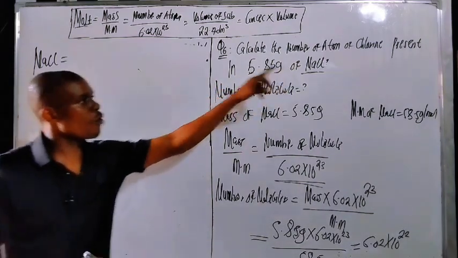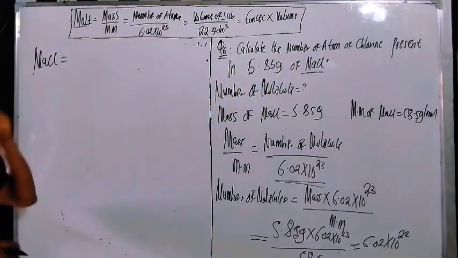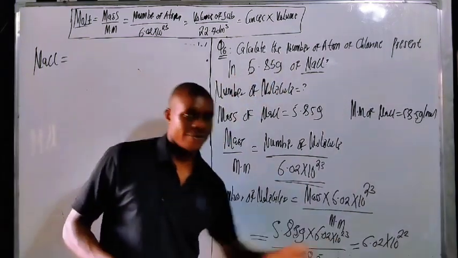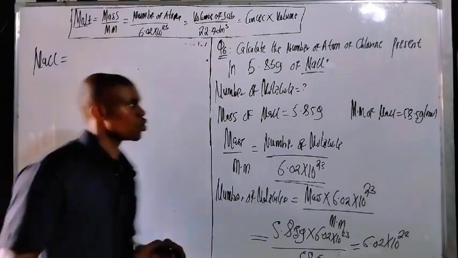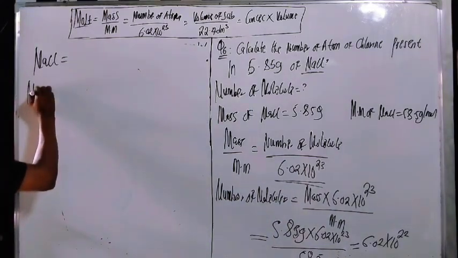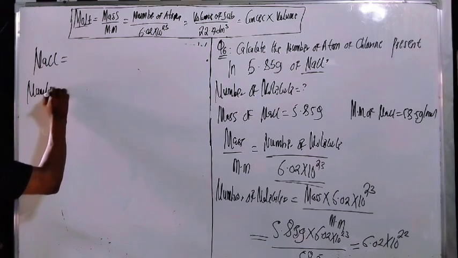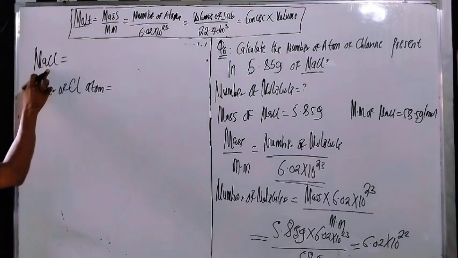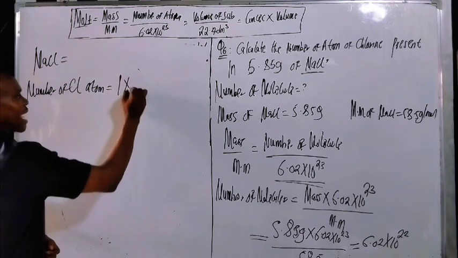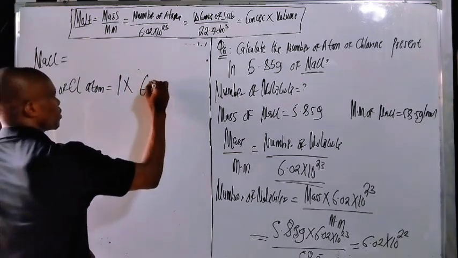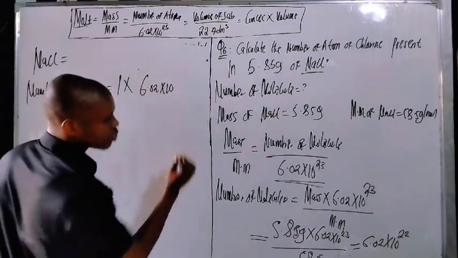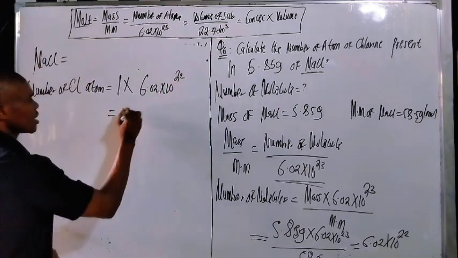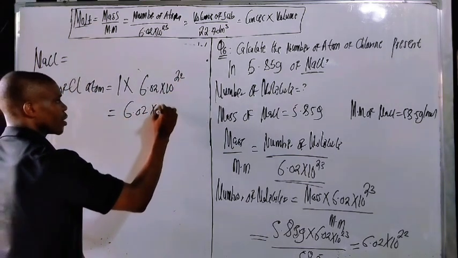Now, because we have one here, that is the number of chlorine atom here. Calculate the numbers of atoms of chlorine in this one here. It's going to be 1 times this one you are seeing here. Do you understand? So numbers of chlorine atoms. Now, because here we have 1, that would be 1 times 6.02 exponential 22, which is also seen as 6.02 times 10 to the power of 22.